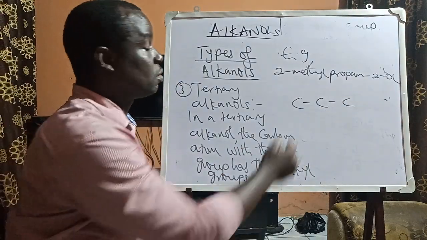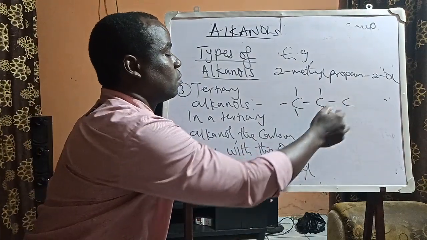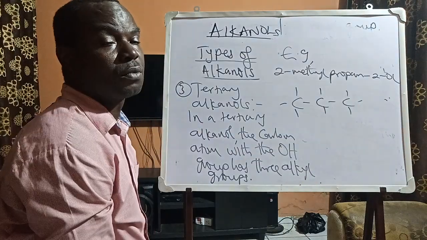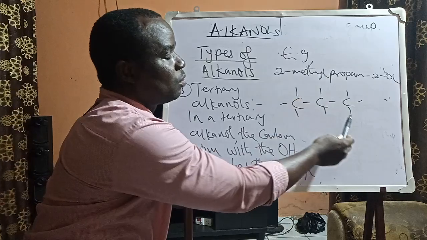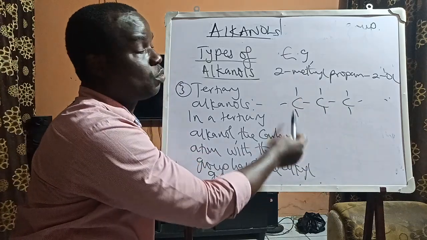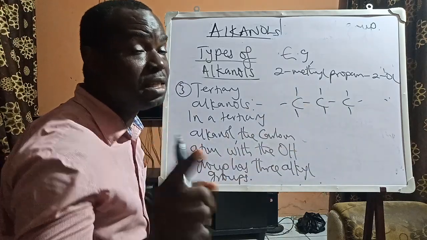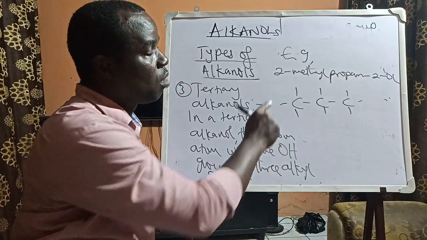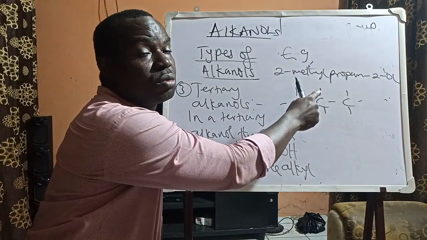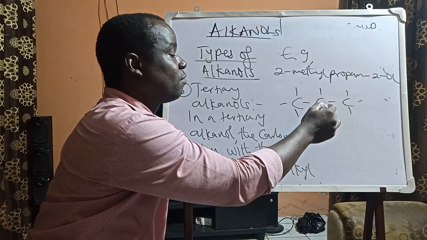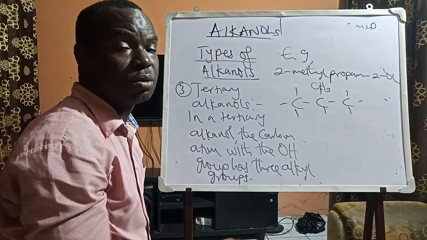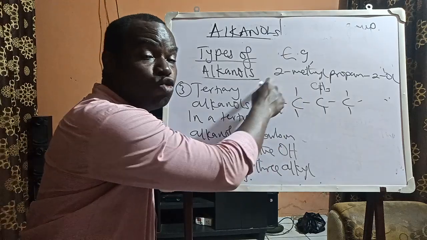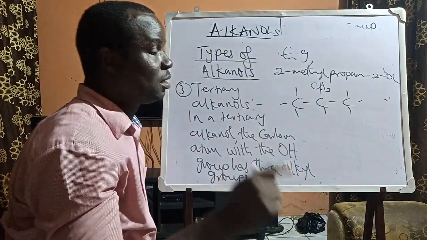So I fill the bonds. Okay. Now I have 2 methyls, carbon number 1, carbon number 2, carbon number 3. So I have 2 methyl. Remember that methyl is CH3, don't forget. So 2 methyl means I put methyl on carbon number 2. So I have CH3. Are we good? CH3 on carbon number 2 because of 2 methyl. Remember that CH3 is methyl.